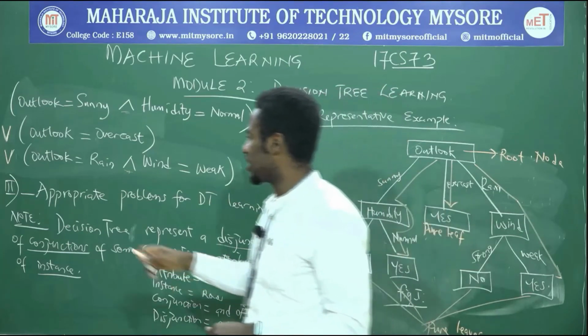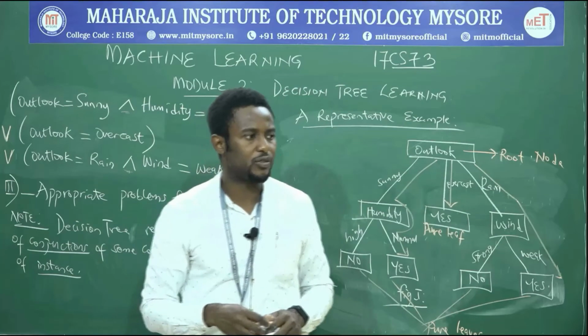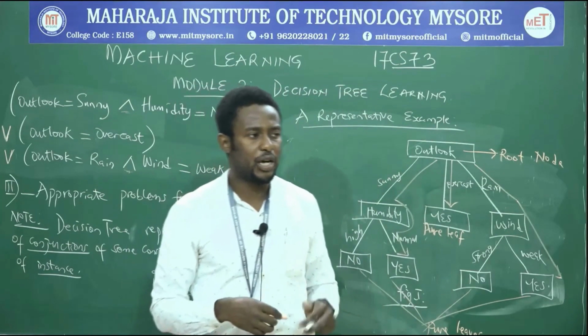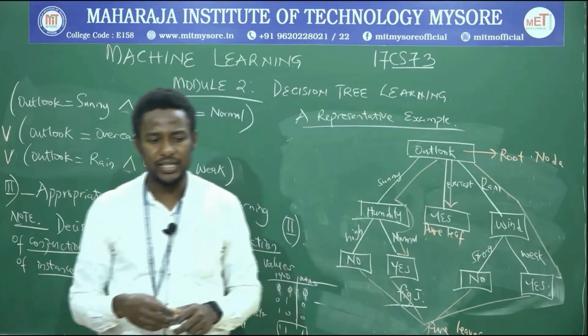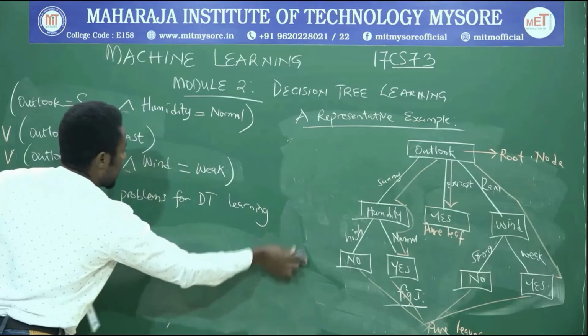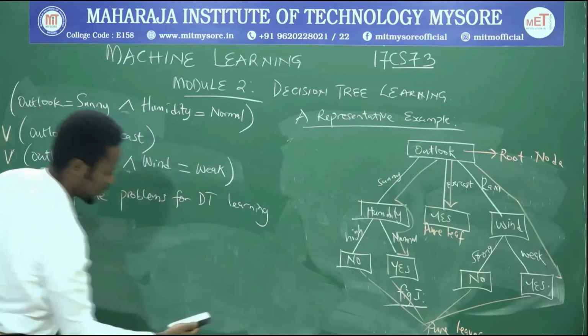So this I have not explained, it's just some notes, okay? The appropriate problems for decision tree learning is asking the question, what are the problems which we can represent using a decision tree? Can you just give me any insights?